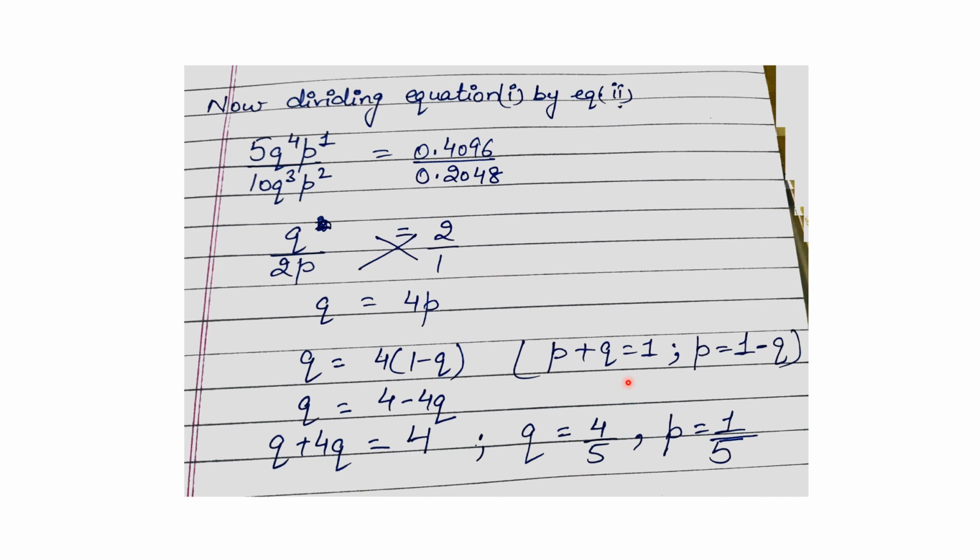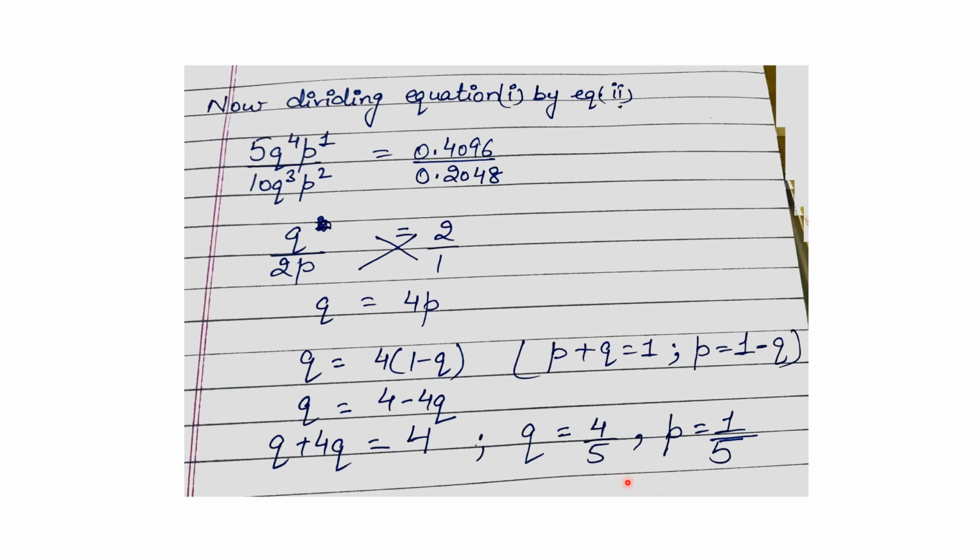So here I have calculated the value of p, and the value of p is 1 minus q. Now substituting this in the above equation, and after solving, you will get the values of parameters p and q.